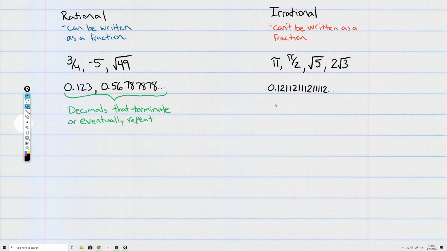This example confuses people because there's a pattern, so you think it's rational like this number over here, but realize it's not just a pattern that you see for rational numbers. You have to have the exact same thing repeated over and over and over again, and that's not what you see over here. Even though there's an obvious pattern, we have one more 1 in each group every single time. It's not exactly the same thing, so this is an irrational number.